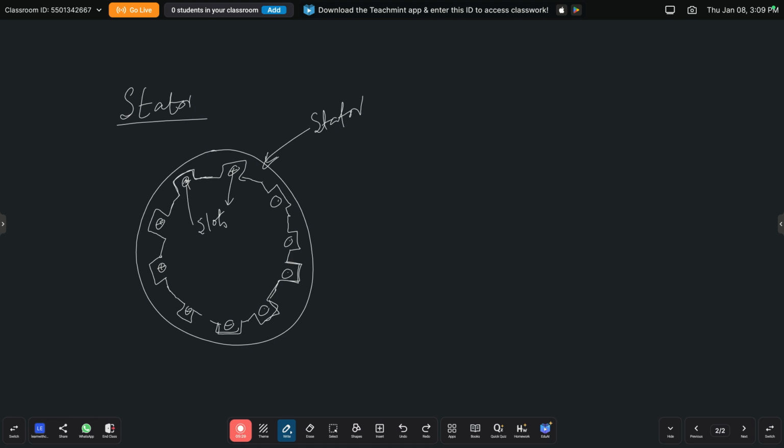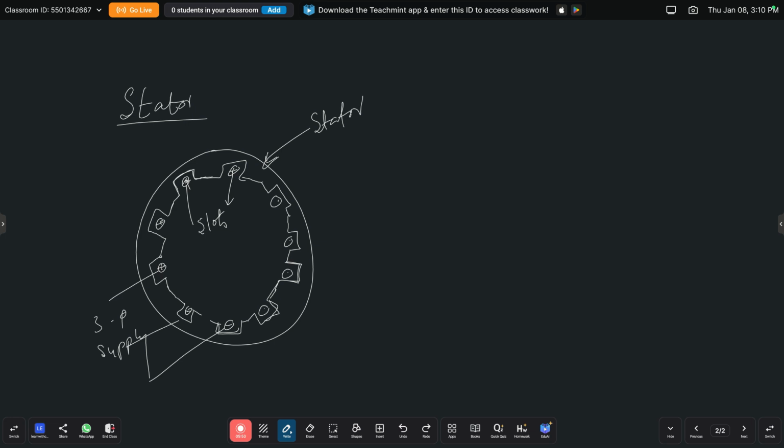When a three-phase AC power supply is connected to the winding, then a rotating magnetic field will be produced in the stator.